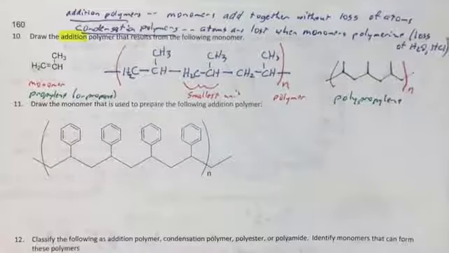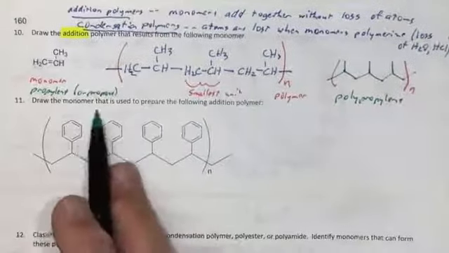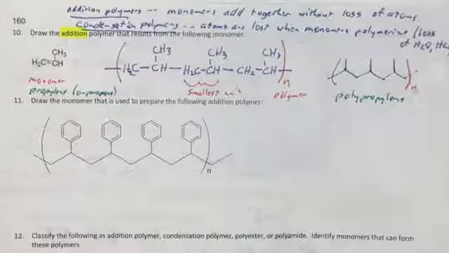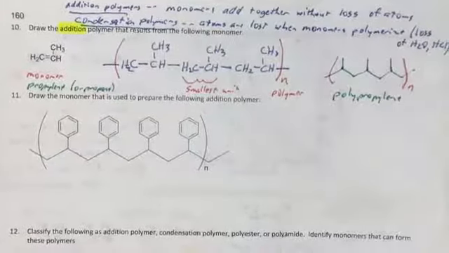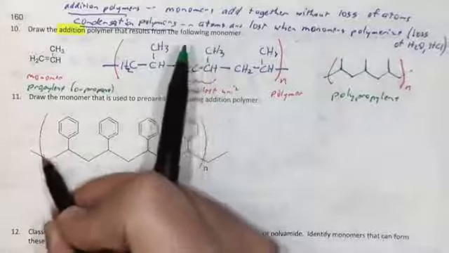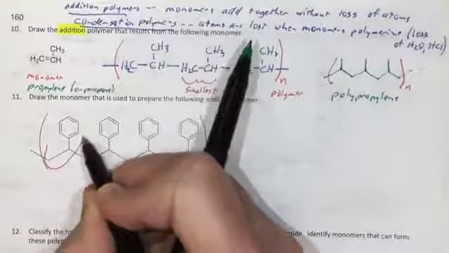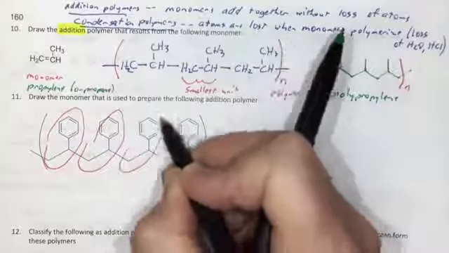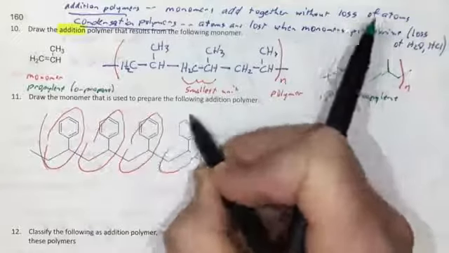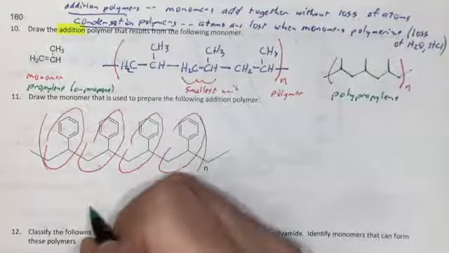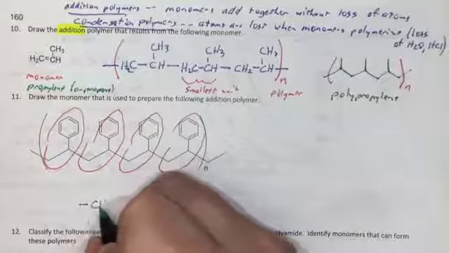This next molecule: what is the monomer that prepared this addition polymer? As we look at this particular polymer, we can see the individual units here, so this is a repeating unit, this is a repeating unit, this is a repeating unit. So what are the repeating units? If I were to draw the repeating unit, it would be a CH2.